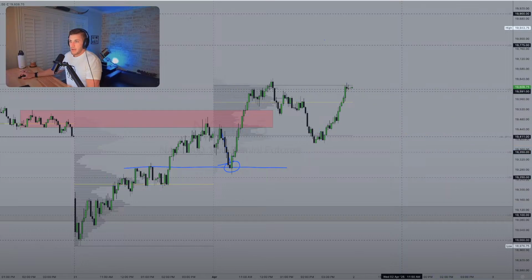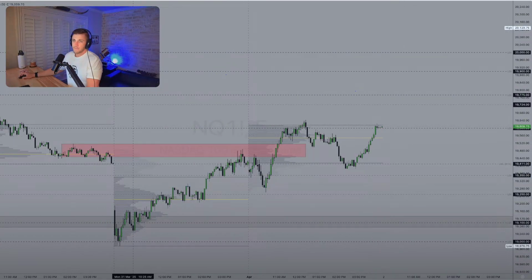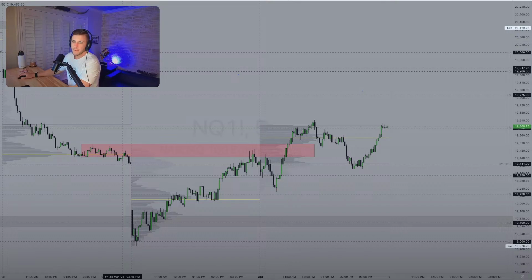Backdrop is neutral bearish. And we've got the open in 2 minutes.